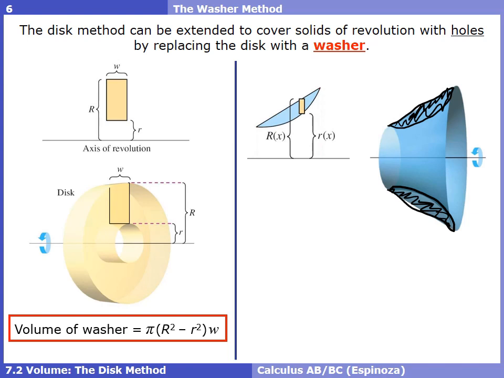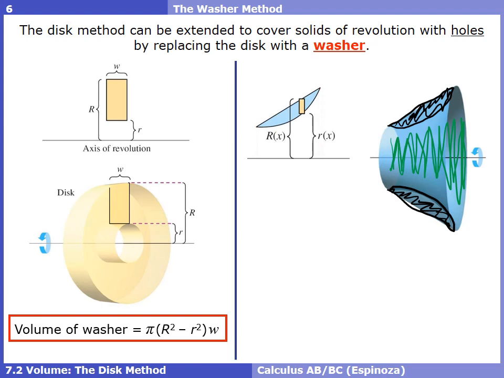All of this right here that I'm putting in green is just empty space. I suppose it's forming some sort of bowl shape, and all of that is just empty space, kind of like our disk that has a hole in it. And that's why we need to use washers instead of disks here.